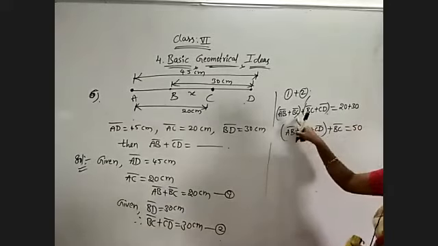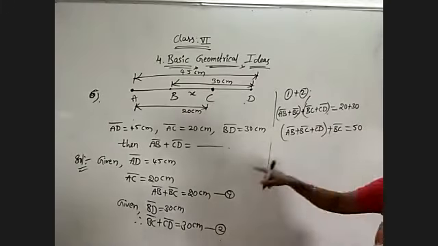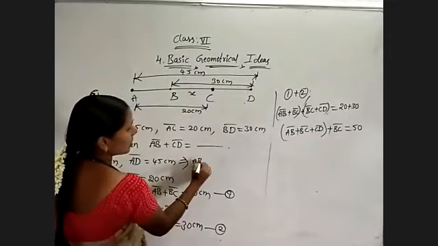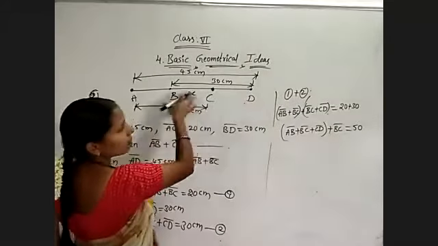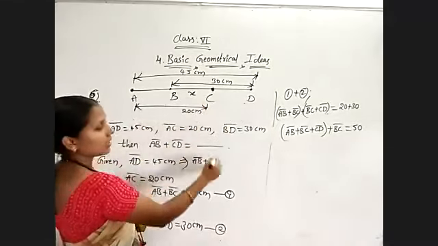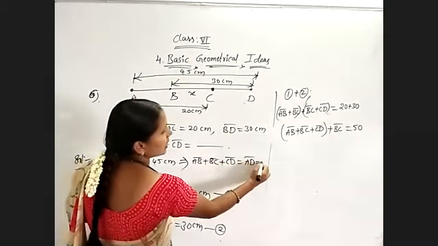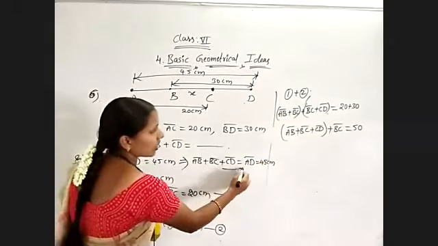Just observe, AB plus BC plus CD I am writing here. AB plus BC plus CD is nothing but AD, the complete length of the line segment AD, that is equal to 45 centimeters. Let it be equation 3.